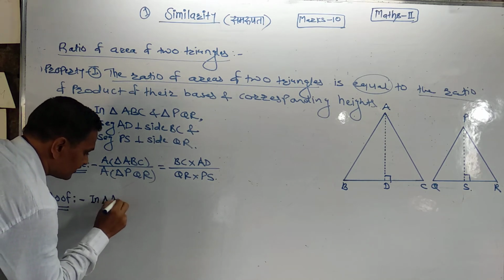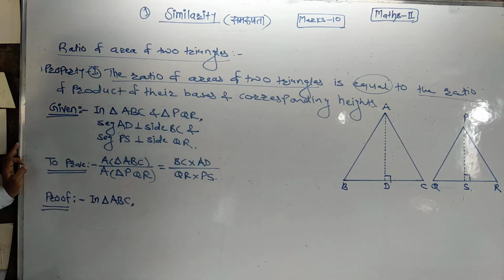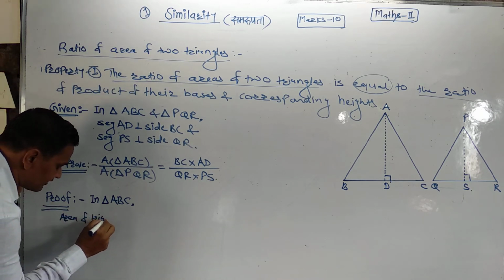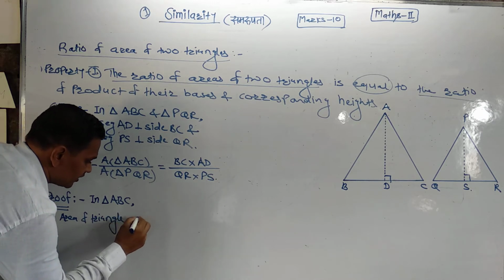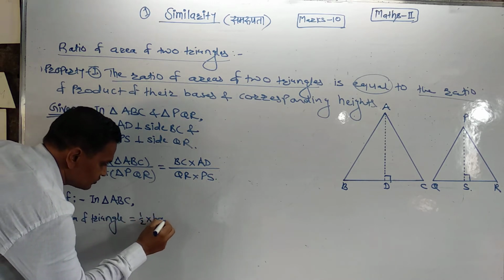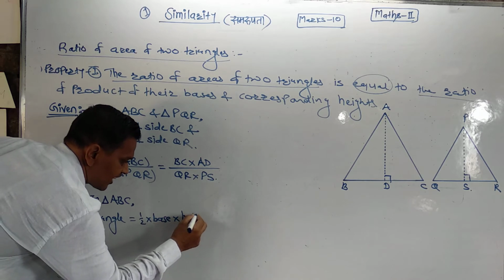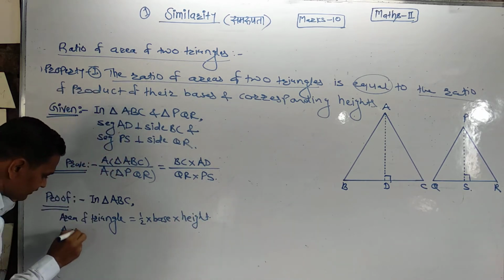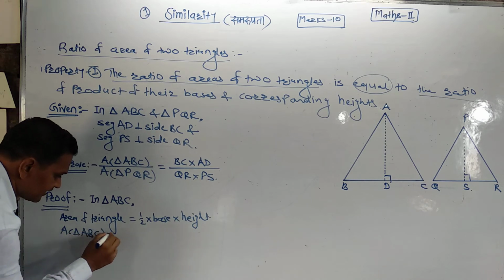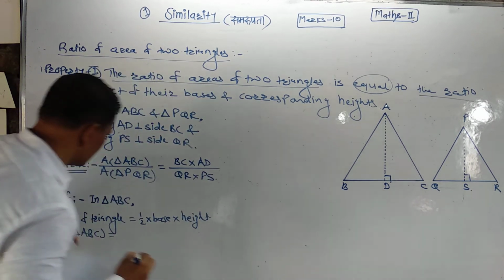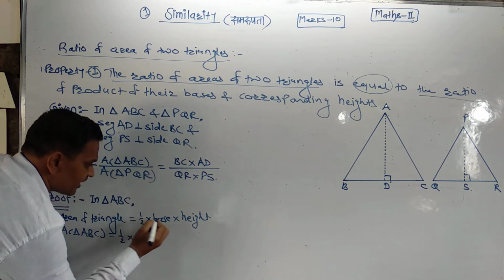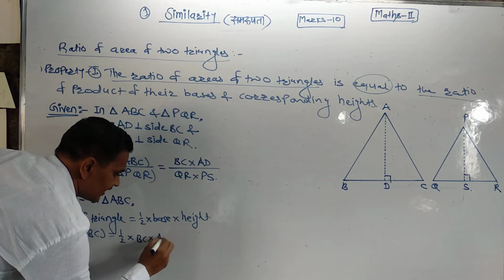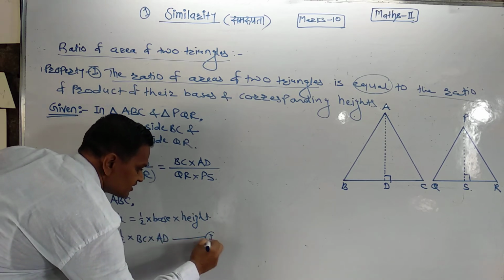In triangle ABC, area of triangle equals 1 by 2 into base into height. Now area of triangle ABC equals 1 by 2 into base BC into height AD, step number first.